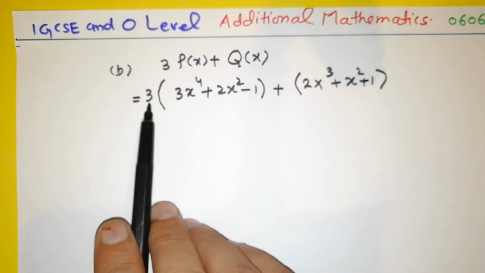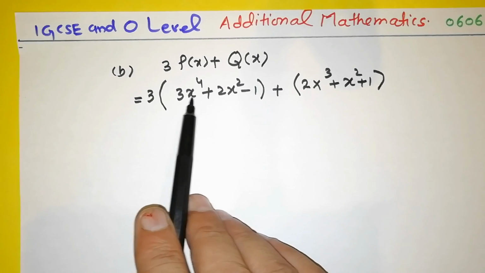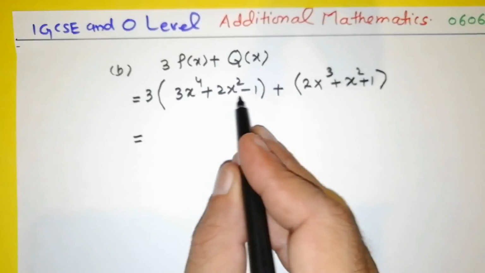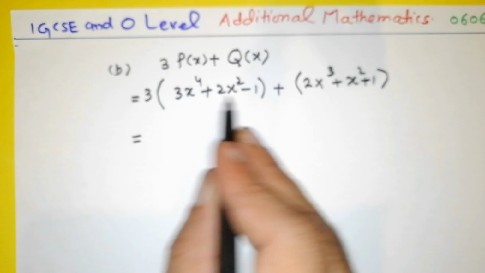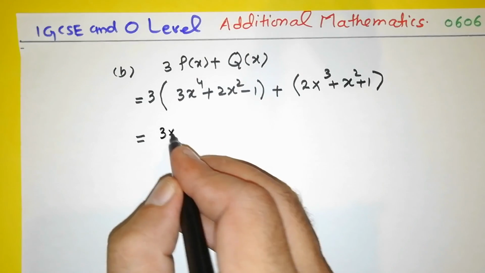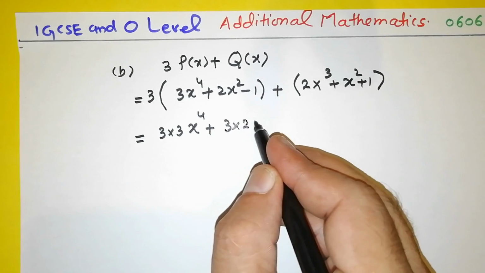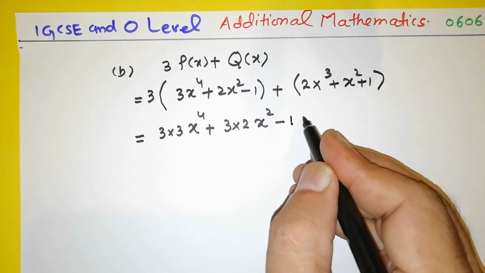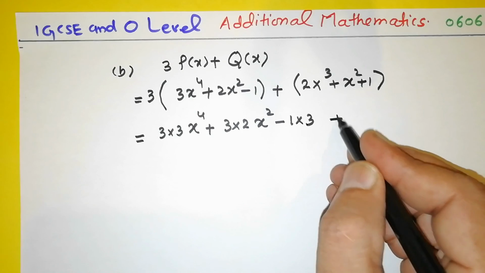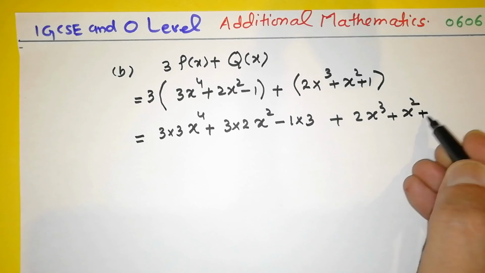First of all, we multiply this 3 by each and every term of this polynomial 3x^4 plus 2x^2 minus 1. So if we multiply, 3 will be multiplied, students, by the coefficients of each term. So we have 3 times 3x^4 plus 3 times 2x^2 minus 1 multiplied by 3, plus 2x^3 plus x^2 plus 1.